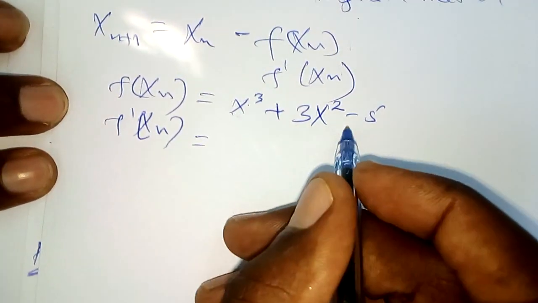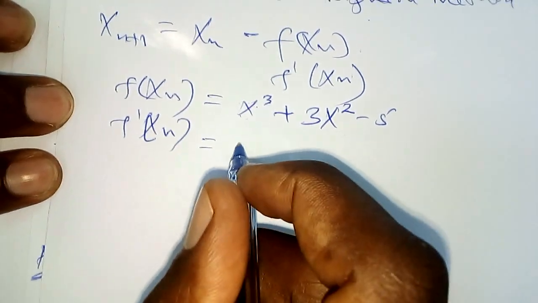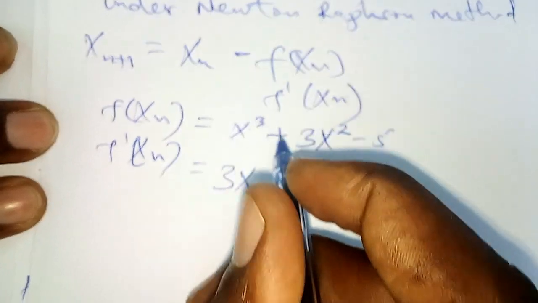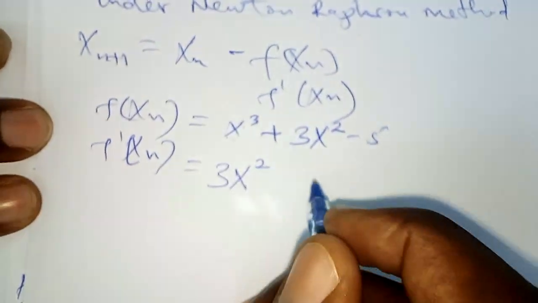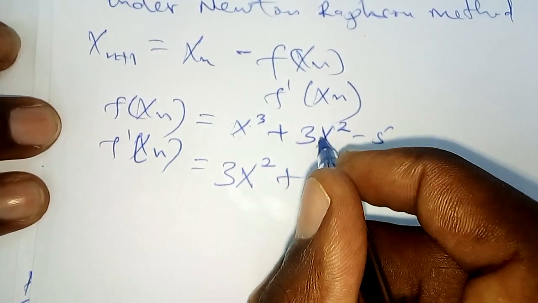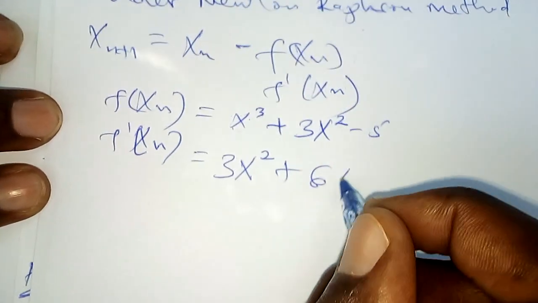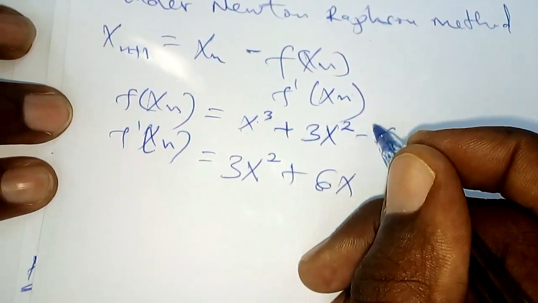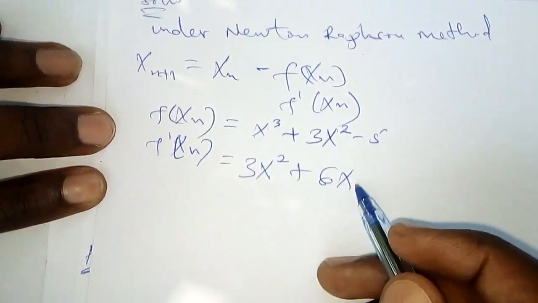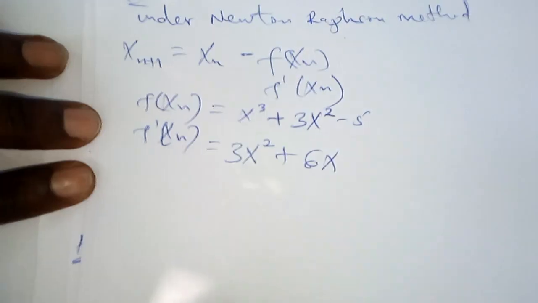So when you differentiate this equation, you get 3 by 1 is 3x, 3 minus 1 is 2, plus 3 by the coefficient of x is 6, then x raised to 2 minus 1 is x raised to 1, which is the same as x, 6x.